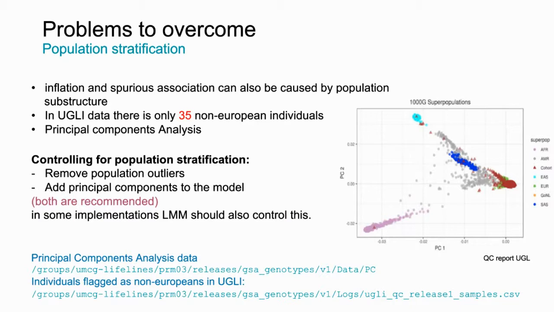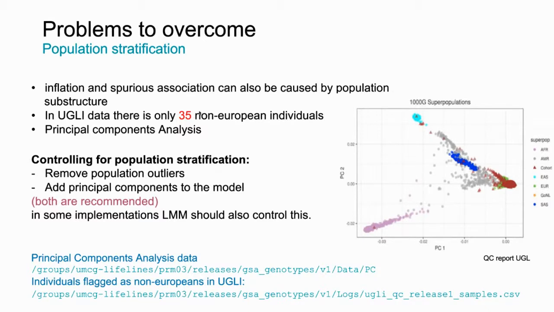It means the way the haplotypes are distributed is going to be different from one person to another. That will give you false positives, but can also mask real associations. So you really want to avoid this. For the data in UGLI, that's not a big problem because there are very few.